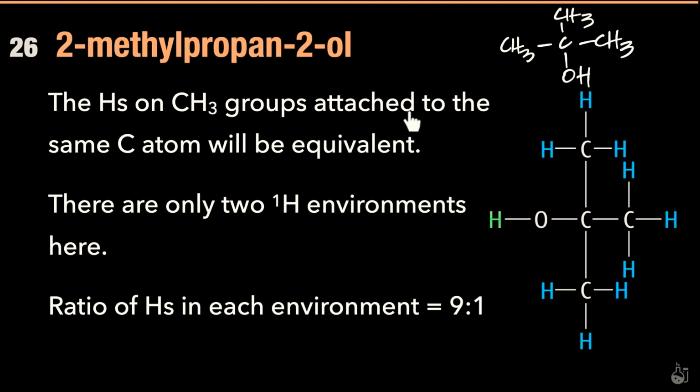This is important. The hydrogens on the CH3 groups attached to the same carbon atom will be equivalent. So these three CH3 groups will be equivalent, which means all these 9 hydrogens will have the same environment. So there will be 9 having one environment and 1 having a different one. Hence, the ratio will be 9:1.